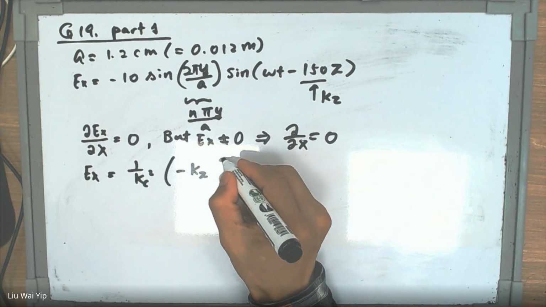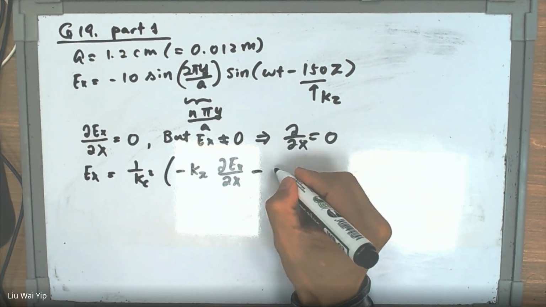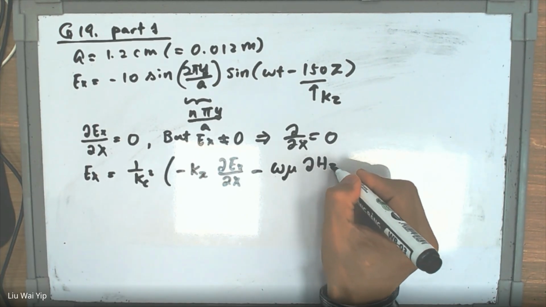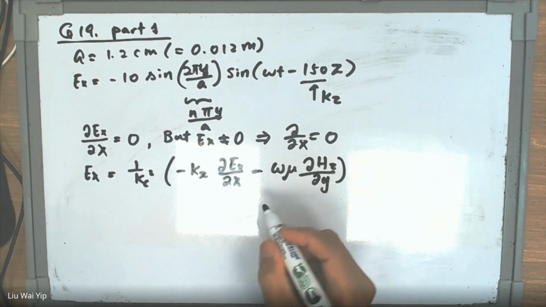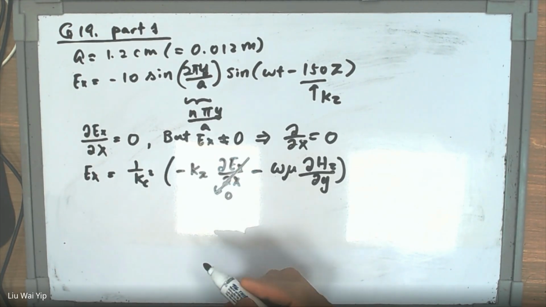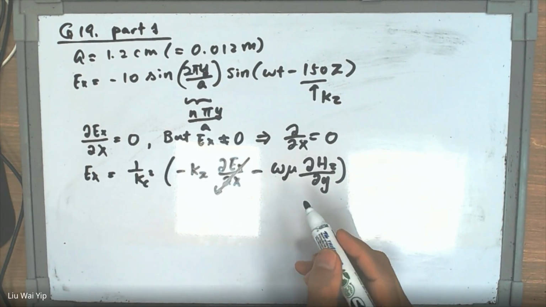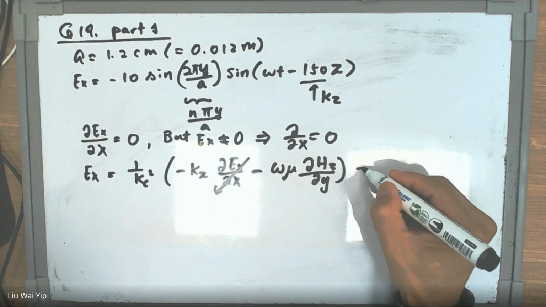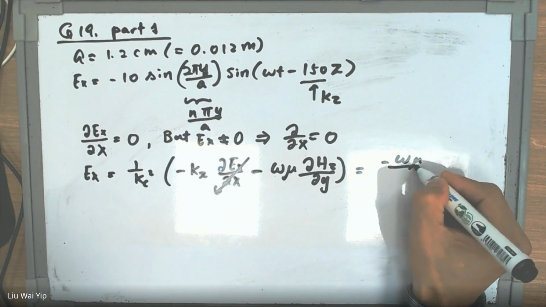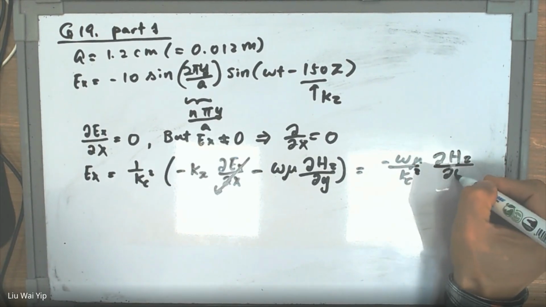Clearly, this term is 0 because it has partial x, and from here we can conclude that it is minus omega over kc squared, and then the y term.